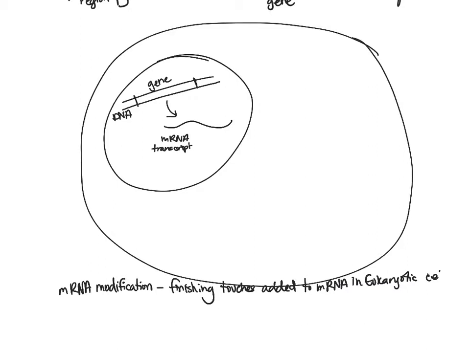So remember, we're talking about eukaryotic cells in this case. We're in the DNA. We have an mRNA transcript at this point, but now we're going to do 3 things before we move into the cytosol. So remember, there are nuclear pores here, and those nuclear pores are so that our mRNA can get out into the cytosol so it can reach a ribosome and then turn it into a protein.